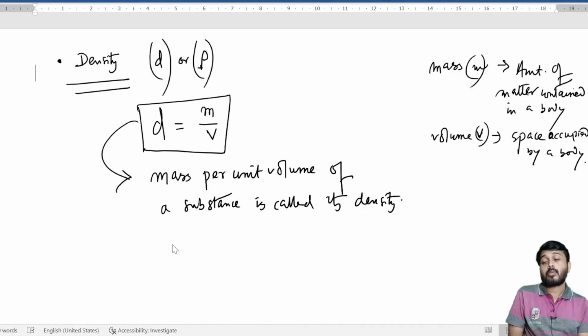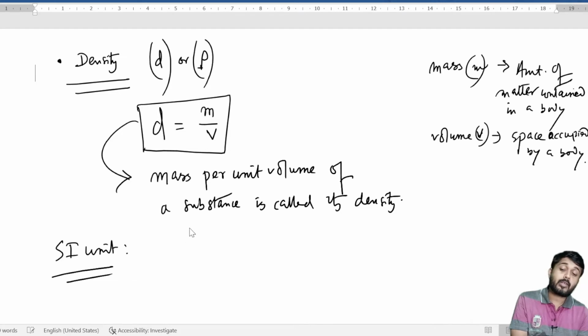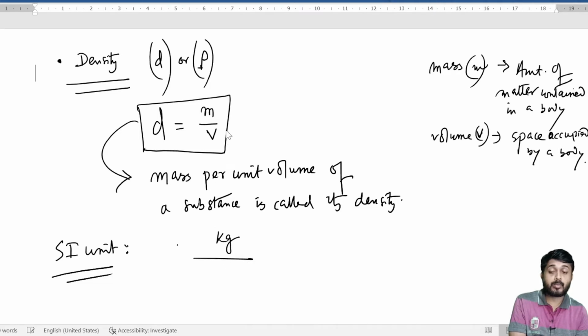Now, let us understand the SI unit of density. The SI unit of density is the SI unit of mass, that is kg, by the SI unit of volume.